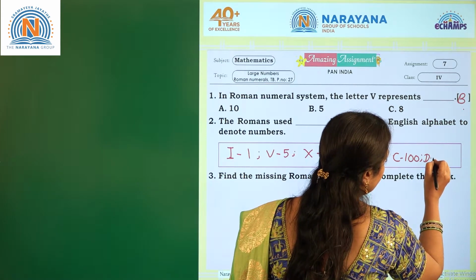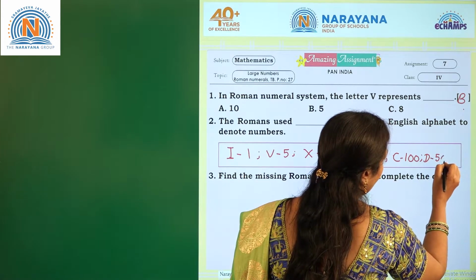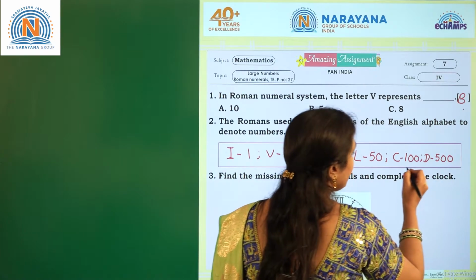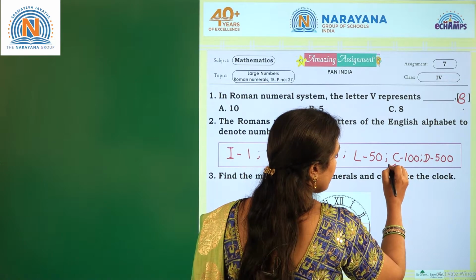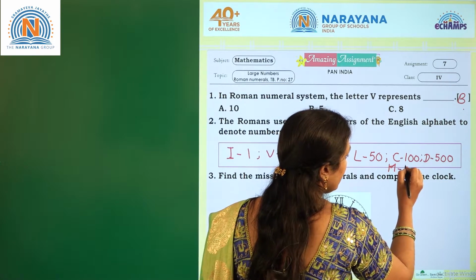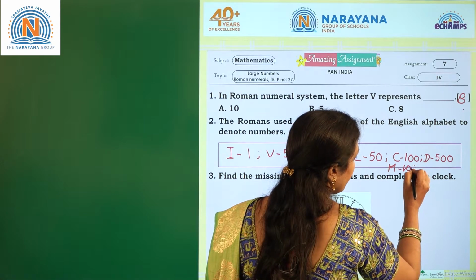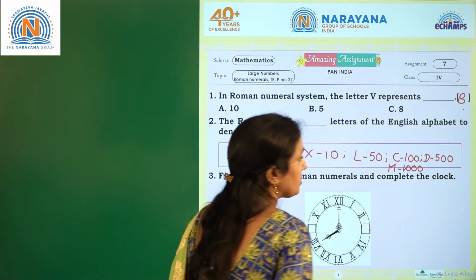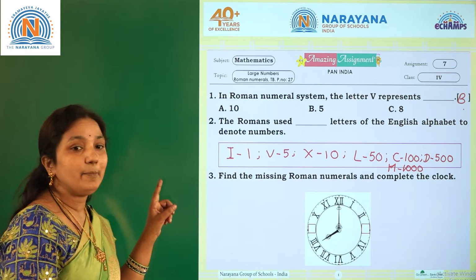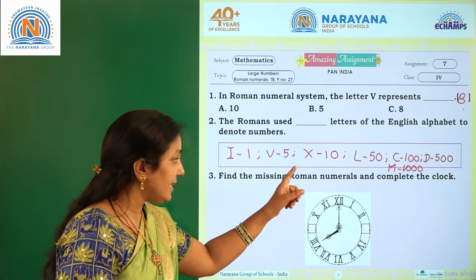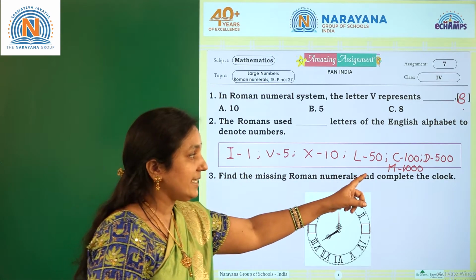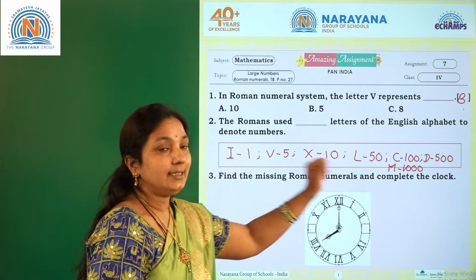D. The value of D is 500. And what is the last letter? That value is M. The value is 1000. So what are that? The 7 basic letters are I, V, X, L, C, D and M.